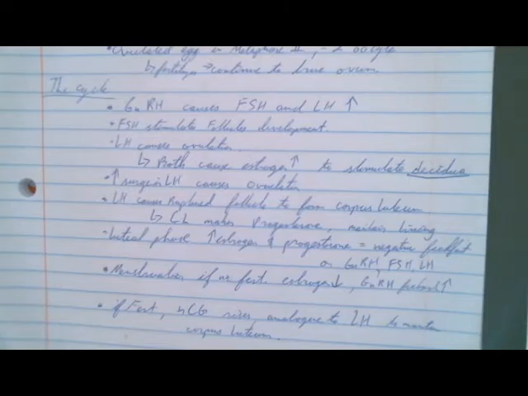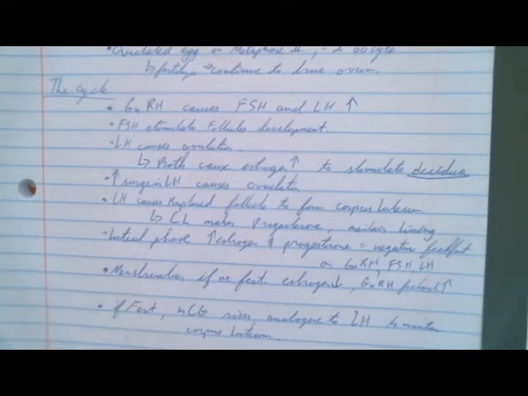If, however, fertilization does occur, then the blastula, which we learn about in the next chapter, produces HCG, which is similar to luteinizing hormone, and that maintains the corpus luteum.